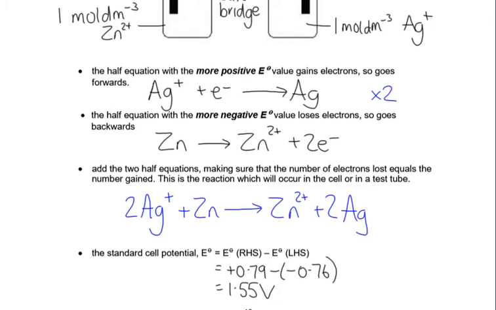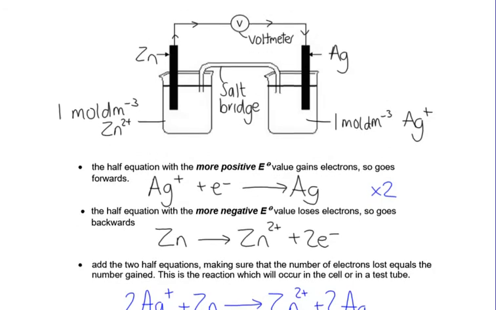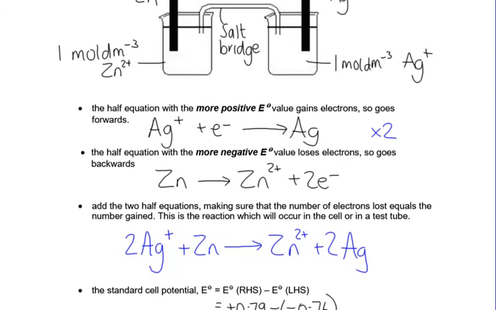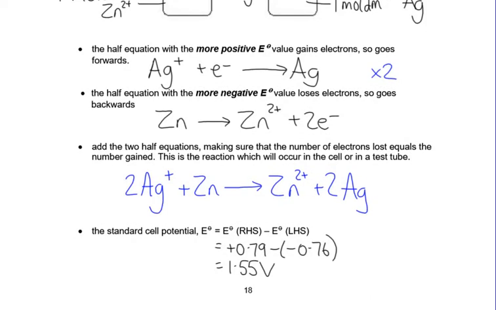So what we know is that zinc will react with silver ions to make zinc 2+ ions and silver. If we tried to go the other way, tried to go backwards, it would not work. The numbers would say that it couldn't work in the other direction. Zinc 2+ cannot be reduced by silver metal.